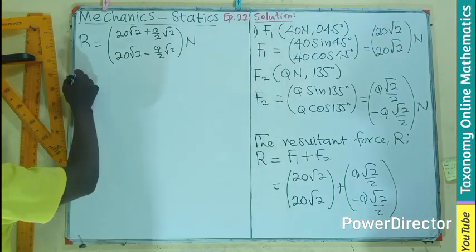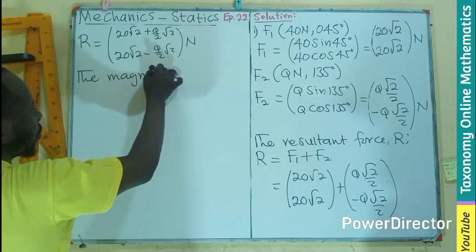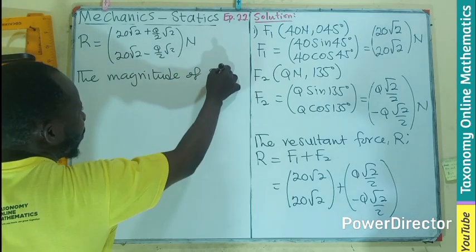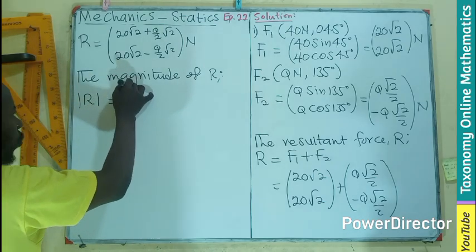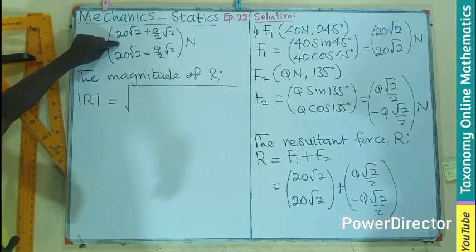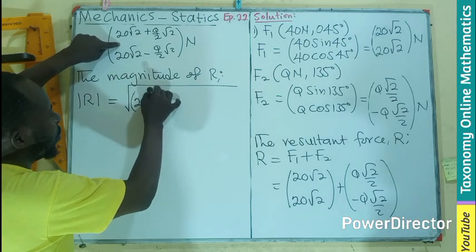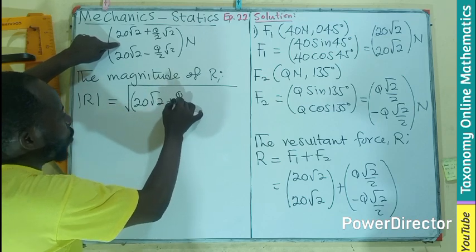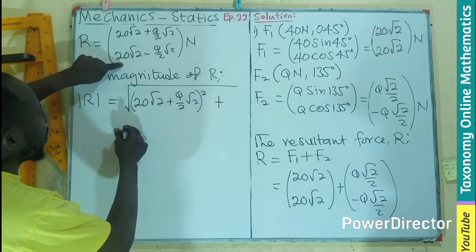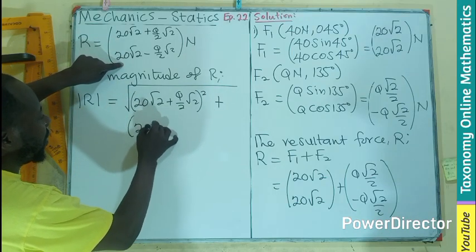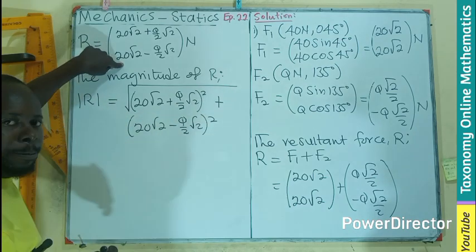Now we need to find the magnitude. So the magnitude of R is going to be the square root of the square of the x component, which will be 20 root 2 plus Q on 2 root 2, all squared, plus the y component, which will be 20 root 2 minus Q on 2 root 2, all squared.